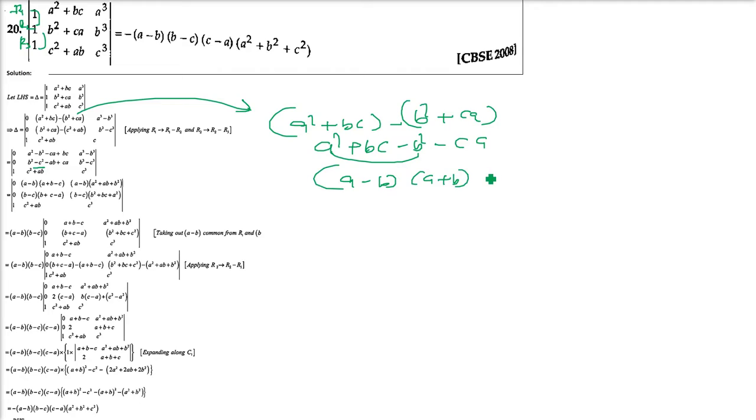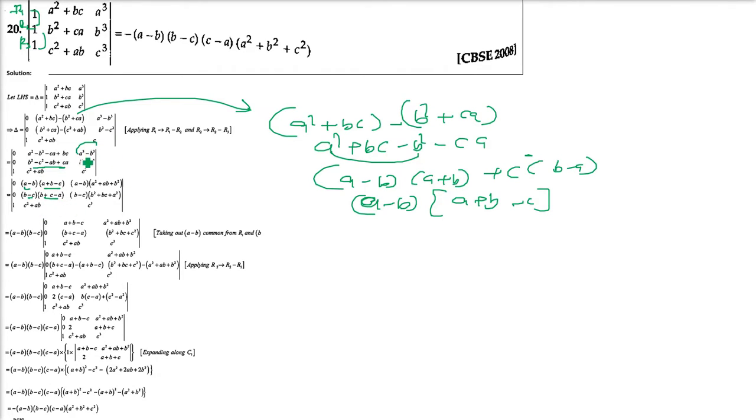And here, c common if you take, you get b minus a. So now you take a minus b common, you get a plus b here. And since it is b minus a, we are taking a minus b, it will be negative. So it will be negative c. A plus b minus c. And a minus b is already there. Similarly here, we will get b minus c, b plus c minus a.